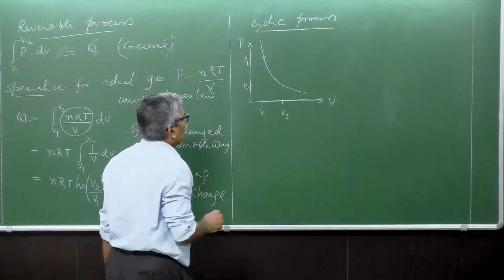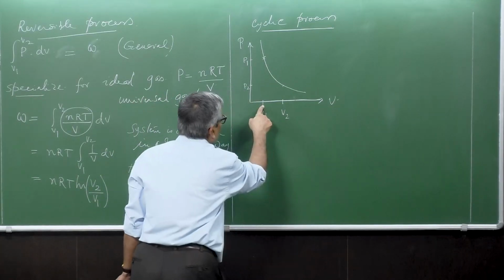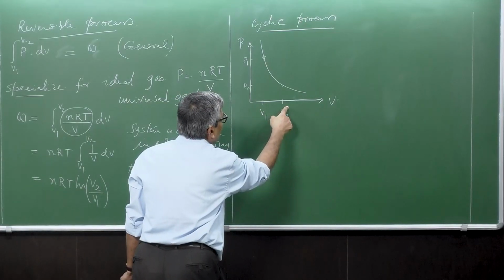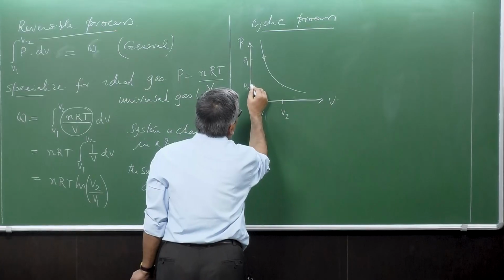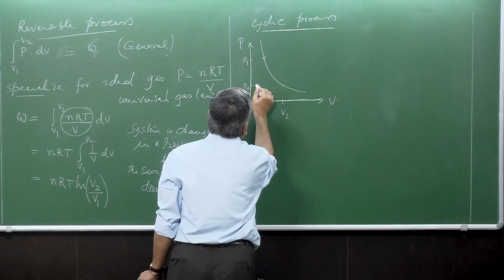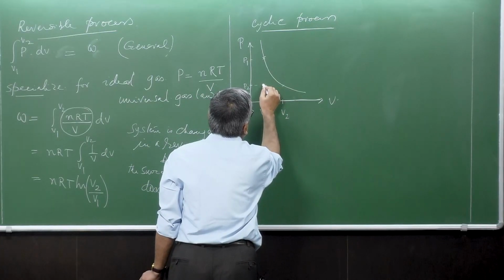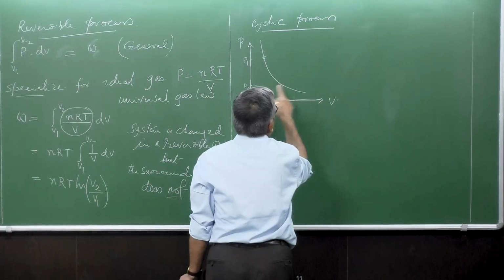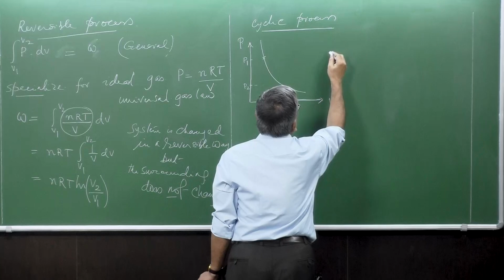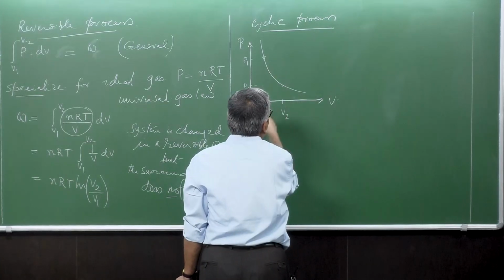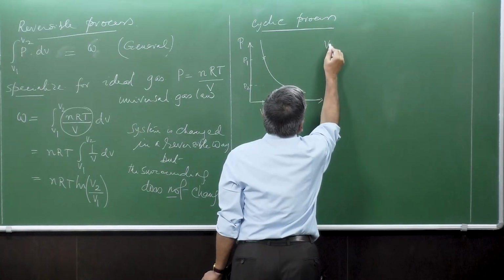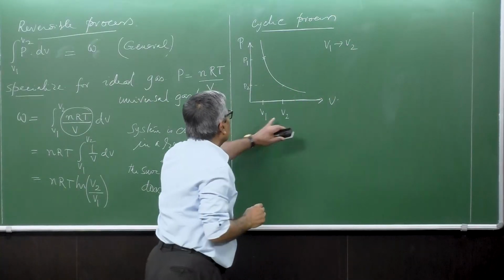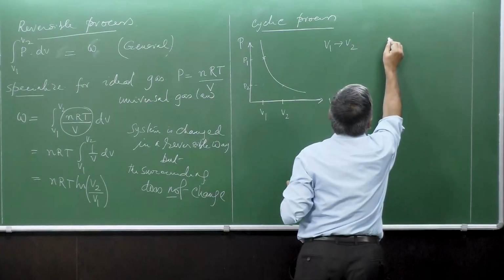Then I make an expansion of the gas from volume V1 to V2 by keeping a pressure which is much lower, at this pressure P2. So in the first stage I carry out an expansion and then I will compress the gas back to V1. So for the expansion V1 to V2, I choose my pressure P2.